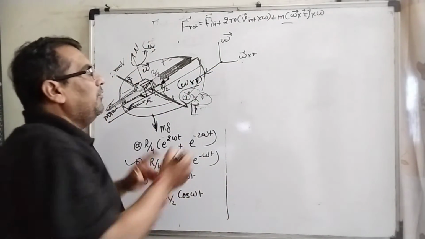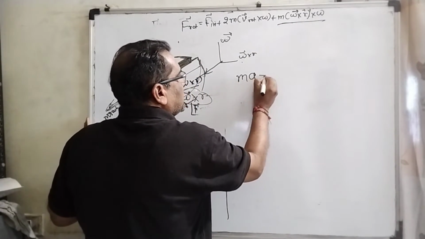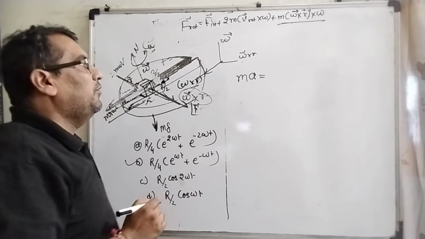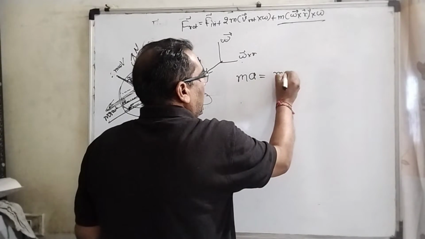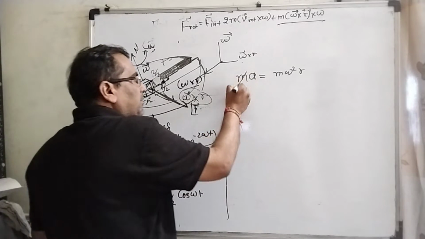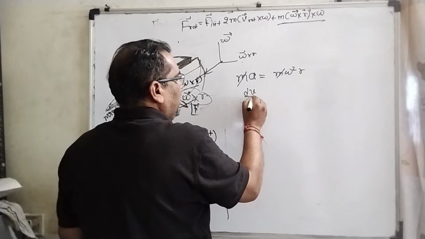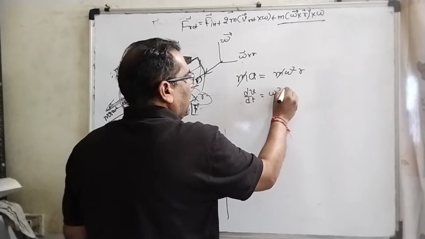So here only this force acts: mass into acceleration, and the centrifugal force is m omega square r. Here m cancels out, and a can be written as dv by dt equals omega square r.